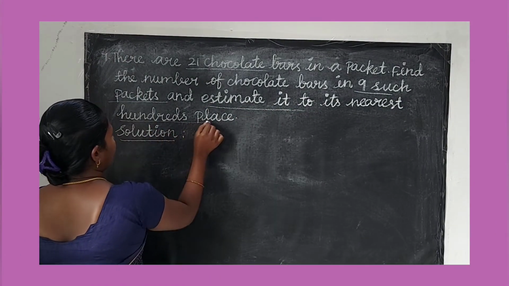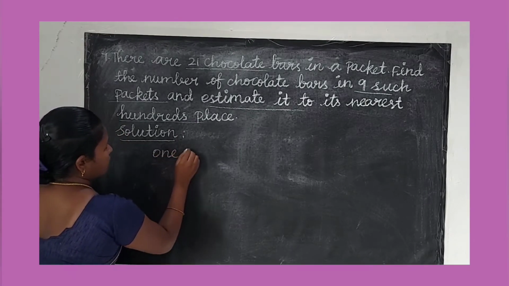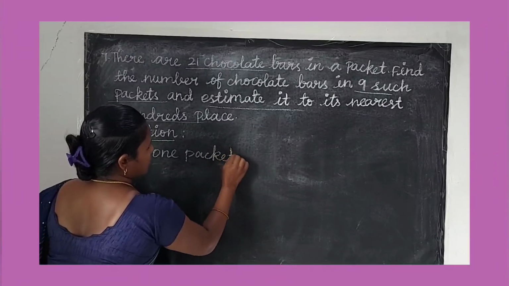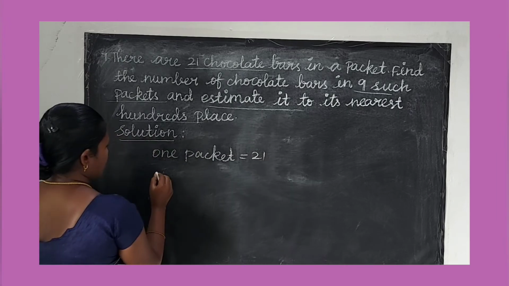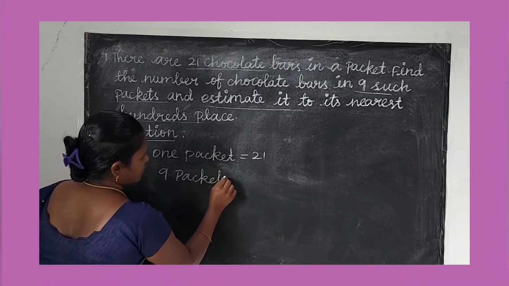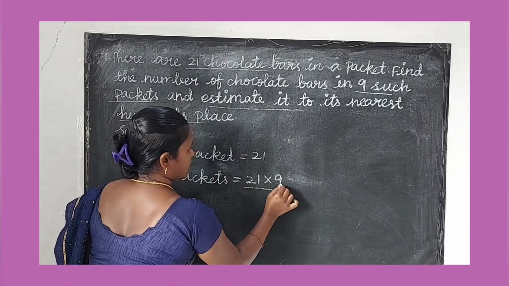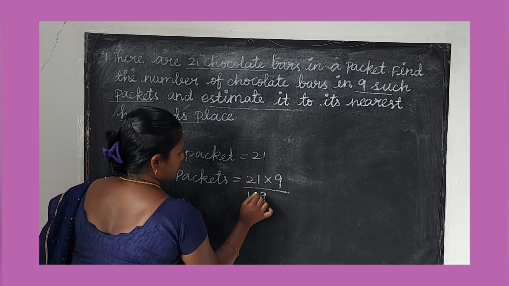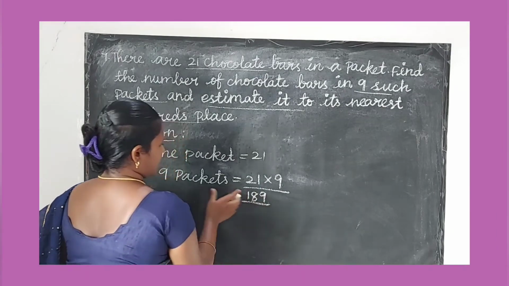Then we have to find the estimated nearest 100 place value. So first we write one packet chocolate value is 21. So 9 packets is equal to 21 into 9. Multiply the value. 9 ones are 9, 9 twos are 18. So 189 is the 9 packet value.